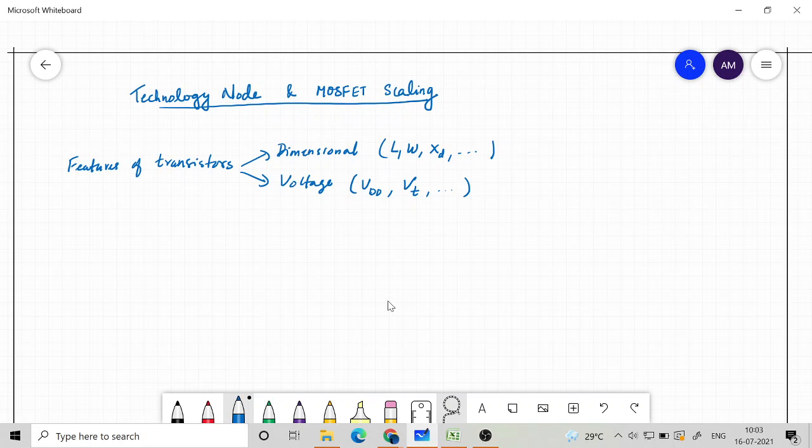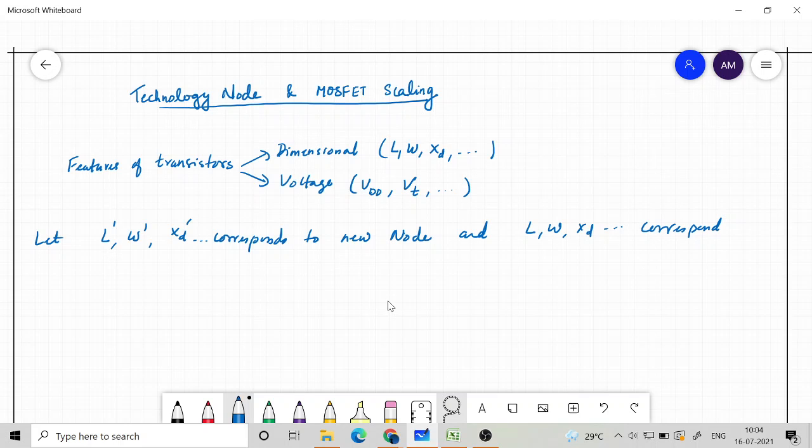Whenever we talk about reduction of dimension, let's say L dash, XD dash correspond to the new node, and L, W, XD, etc. correspond to the old technology.